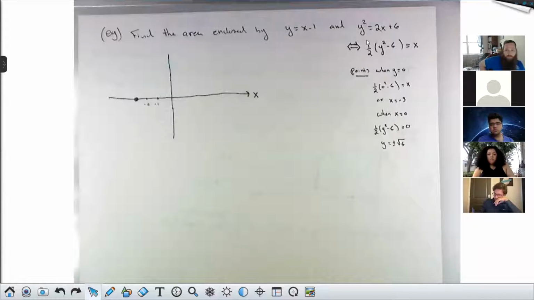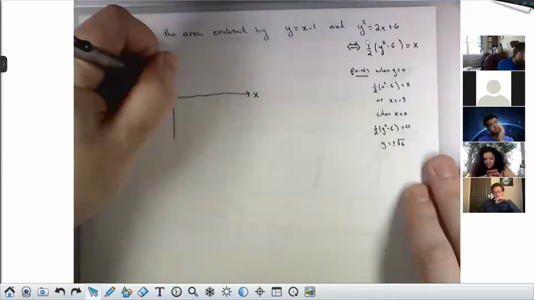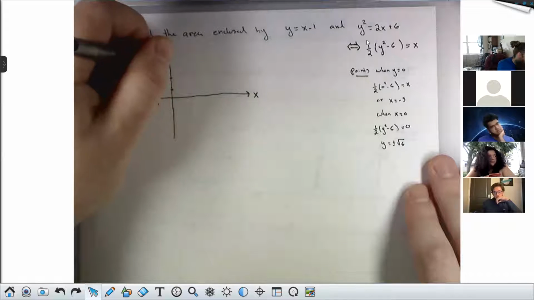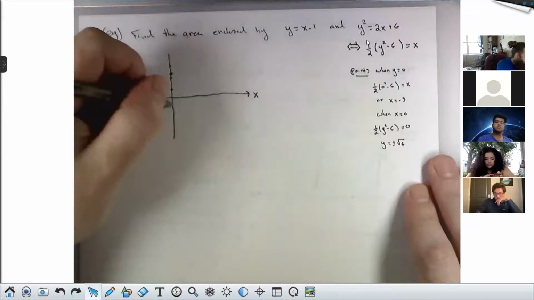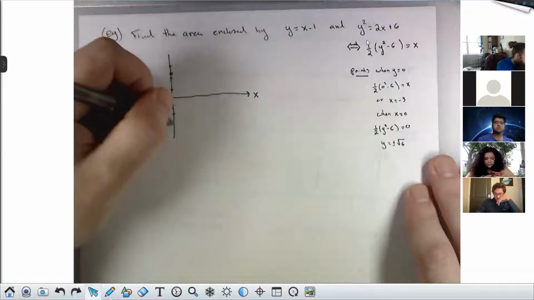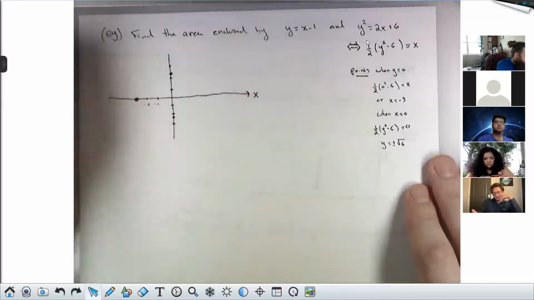Now, how big is the square root of 6? Well, 2 squared is 4, 3 squared is 9. So the square root of 6 has to be a little bit bigger than 2, considerably smaller than 3. And that sort of estimate is good enough for us. Bigger than 2, smaller than 3, somewhere right here, something like that.